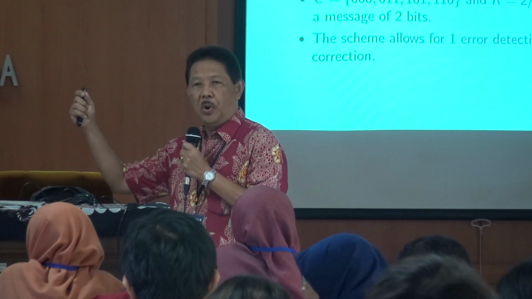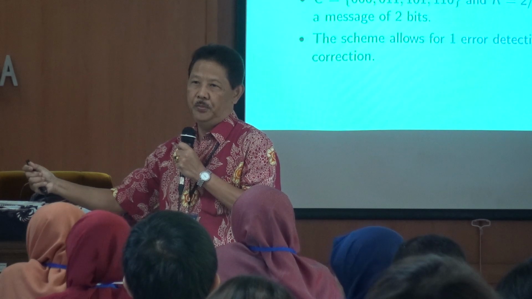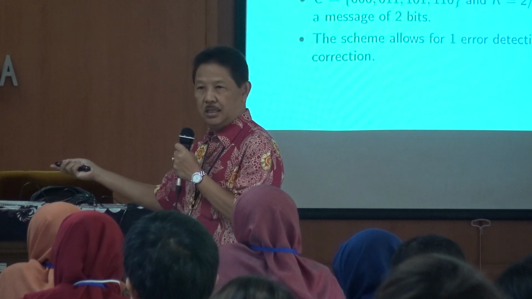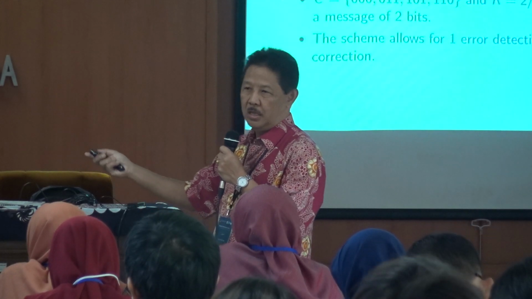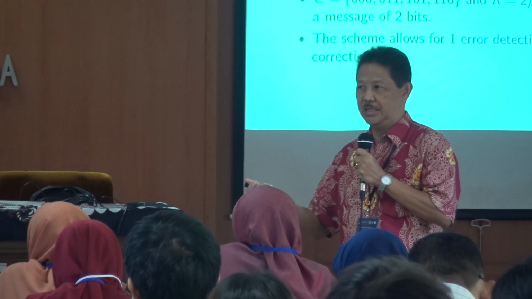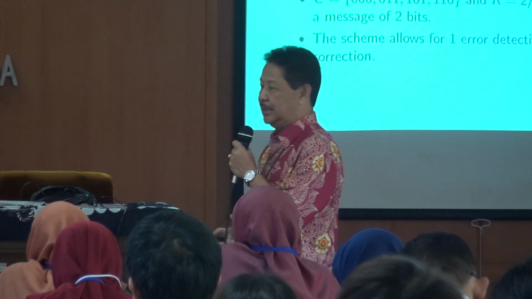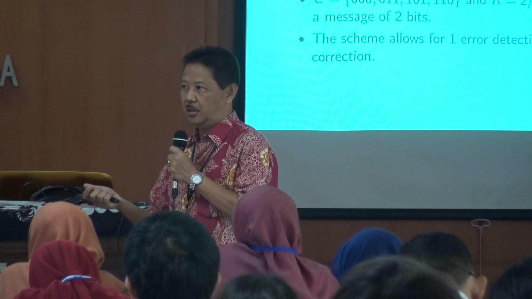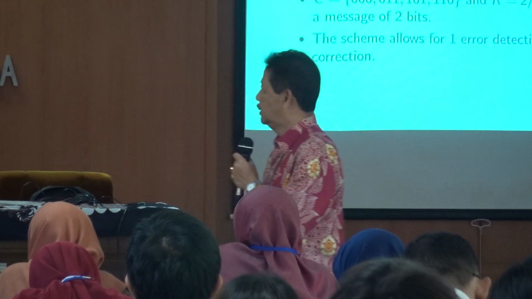Bob knows that there is an error because 010 is not one of these code words. So Bob can detect that there is an error during the transmission. But in this case, Bob cannot correct the error that occurred.